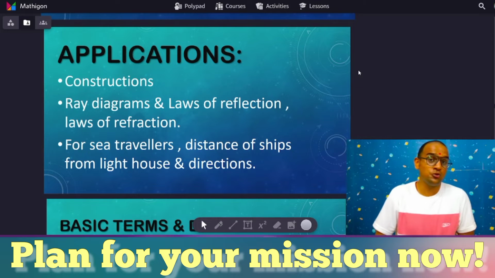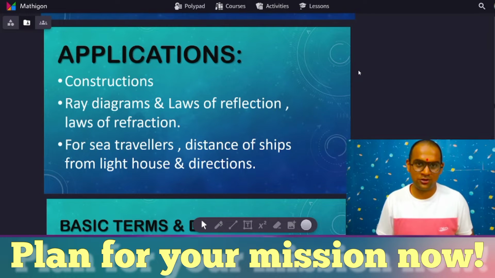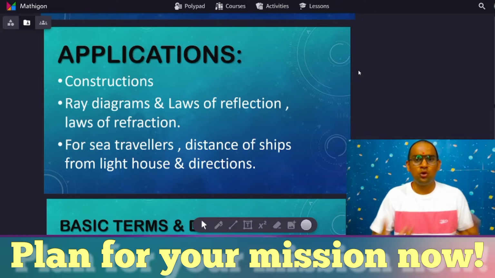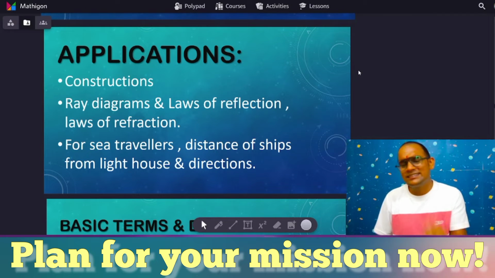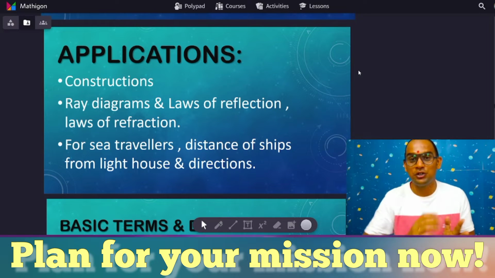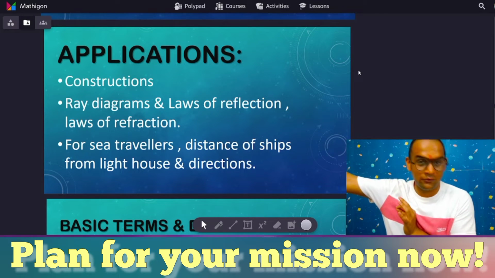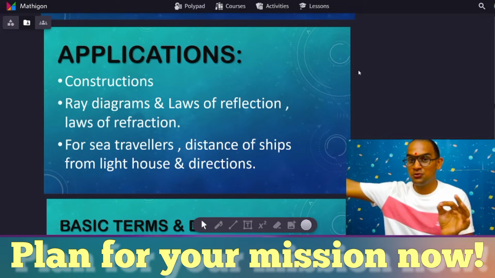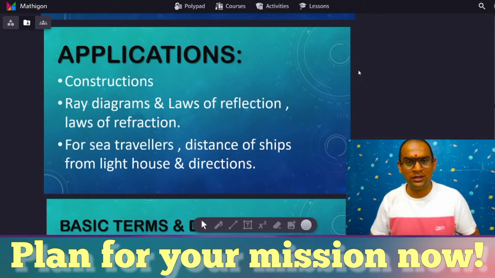For example, if you go into architecture or architectural engineering, you cannot get away with that kind of course without a good knowledge of lines and angles. And this chapter is a basic preparation for you for a bigger vision of your life. You might not use it if you're not interested in architectural engineering.